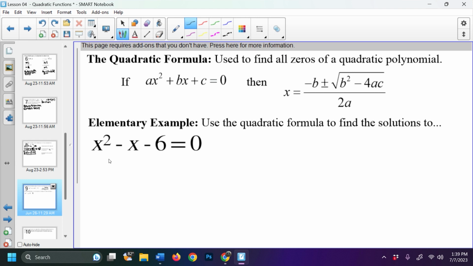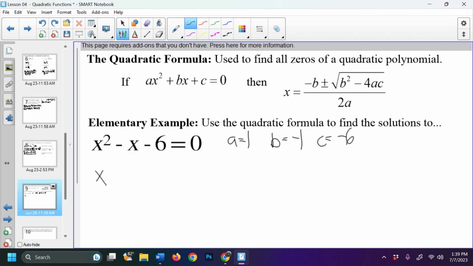In this case, the value for A would be 1, the value for B would be negative 1, and the value for C is going to be negative 6. So I am just going to take those values and plug them back into this quadratic formula.